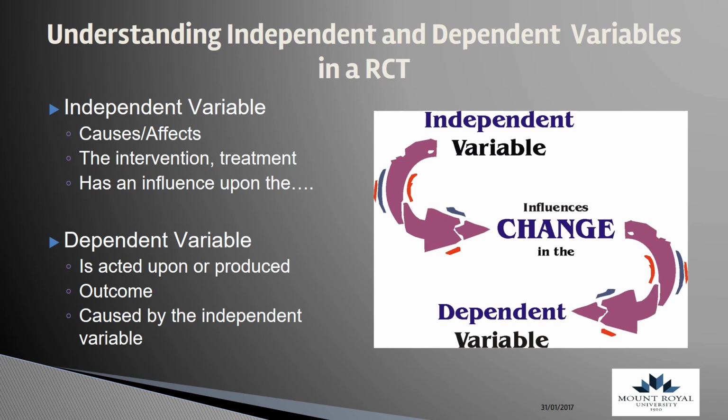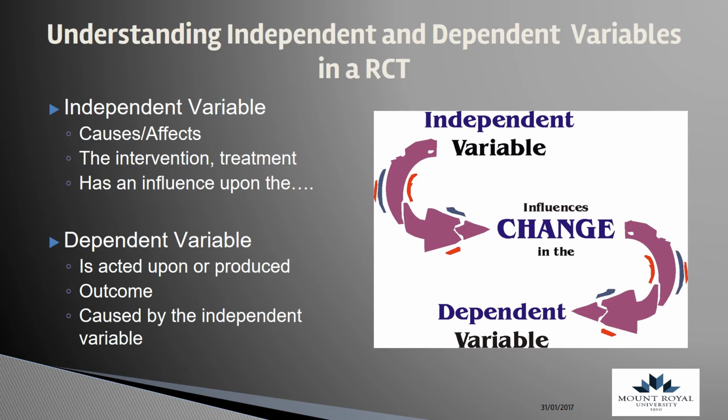So just to review a little bit about independent and dependent variables in a randomized controlled trial. The independent variable, as you can see in the little picture on the right, is what influences or causes a change in the dependent variable.